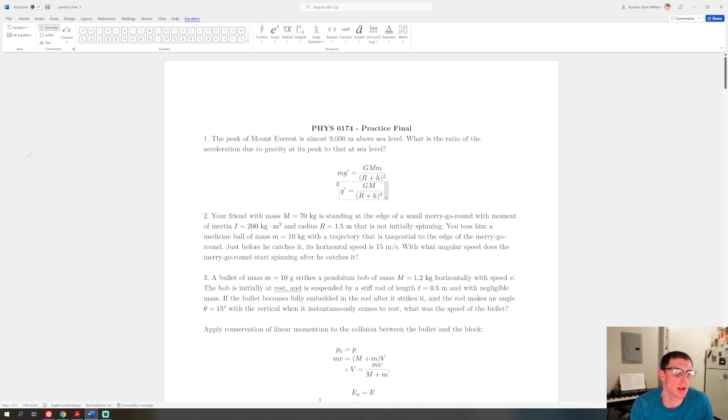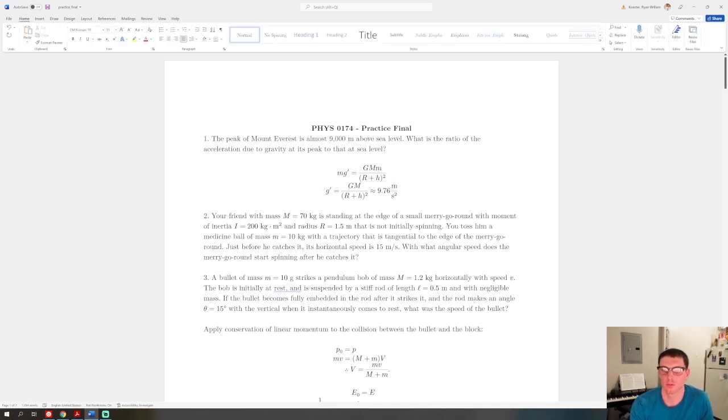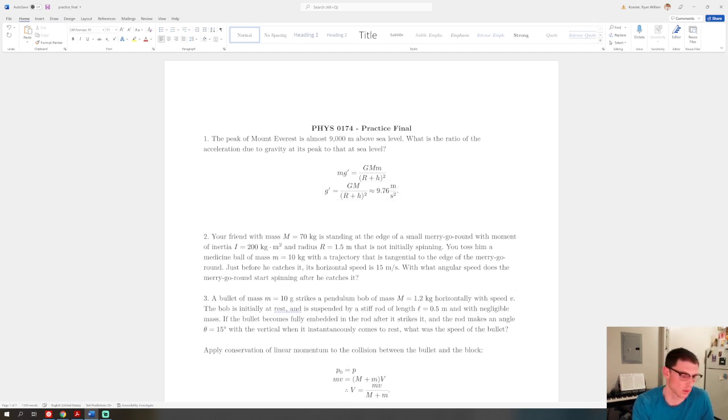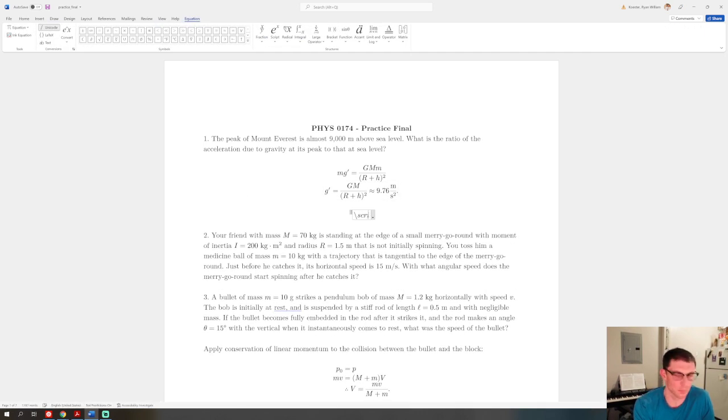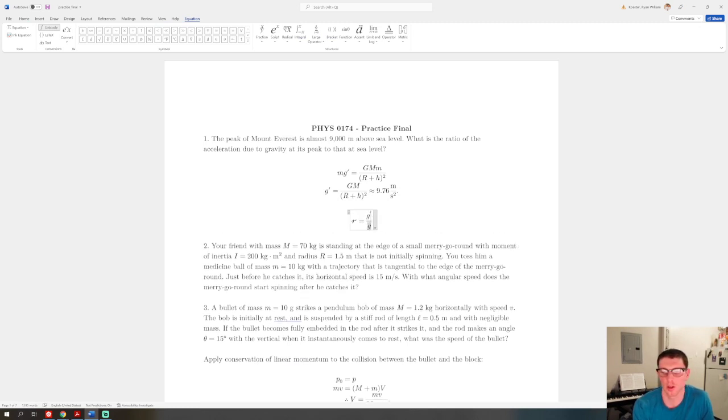And I'm finding it's about 9.76, so 9.76 meters per second squared. We want the ratio, so we just take g prime over g, right?